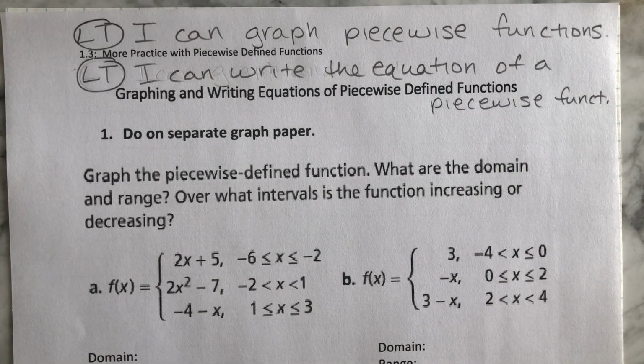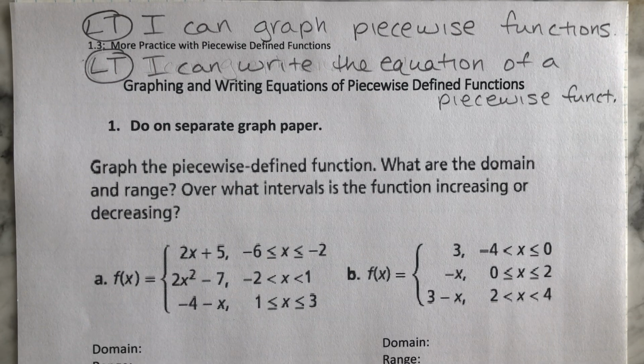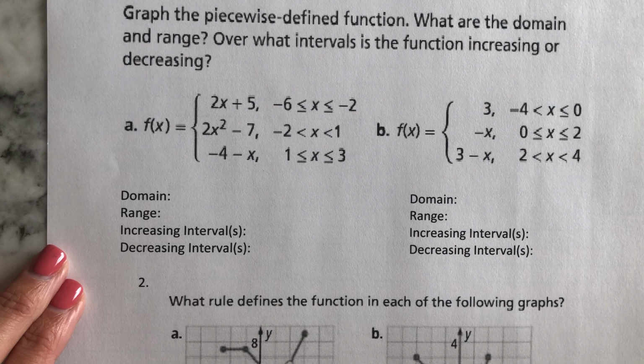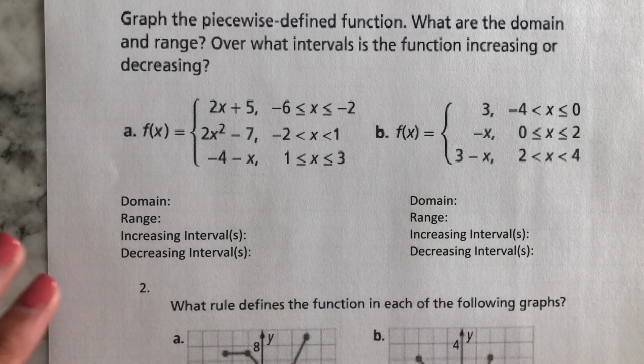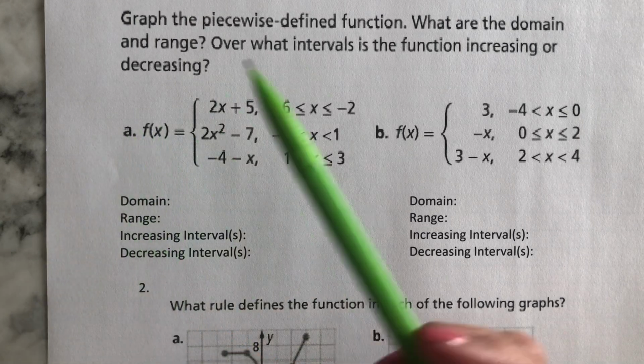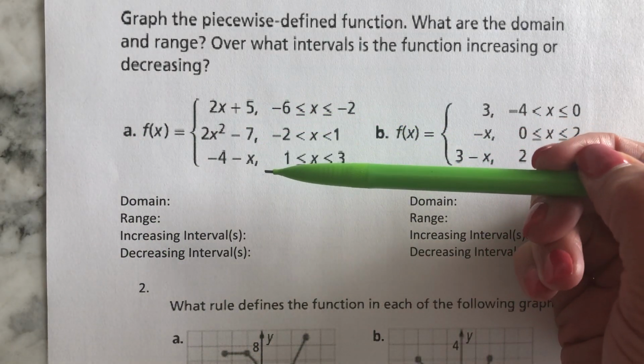So if you look down on your first page for the notes, we're looking at some piecewise defined functions. These are both examples of piecewise defined functions. It's a function defined by many pieces.